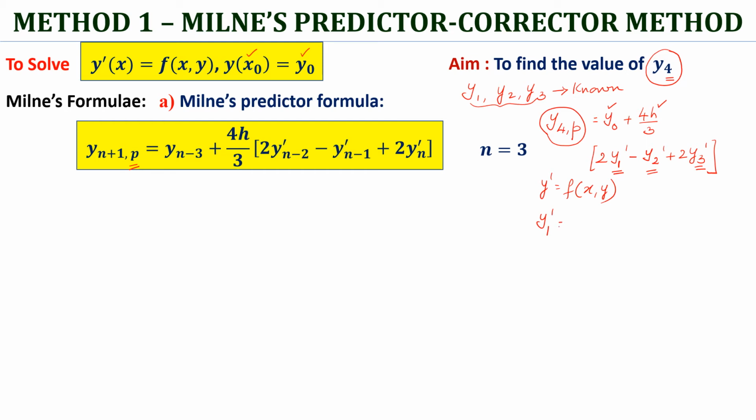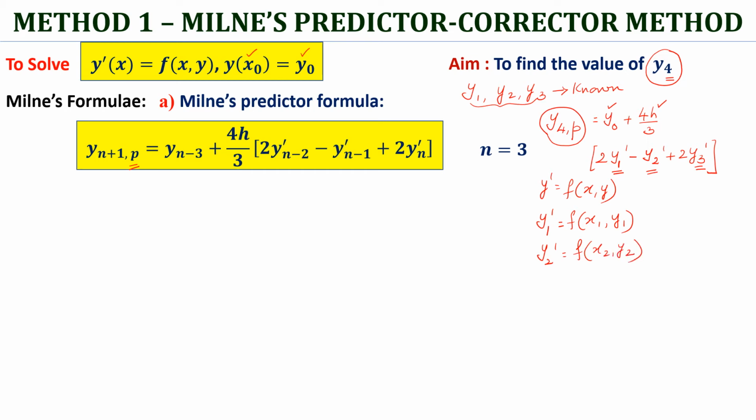What did I tell you? Wherever there is a variable, put the suffix as 1. So it will simply be f of x1 comma y1, correct? So we are just substituting it there. y2 dash will simply be f of x2 comma y2. That means I am putting the suffix as 2 here.